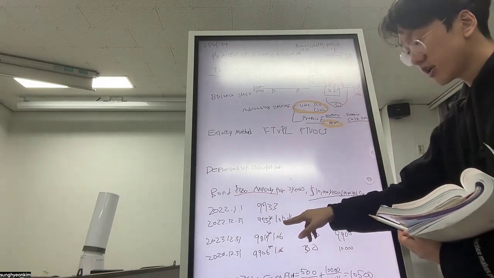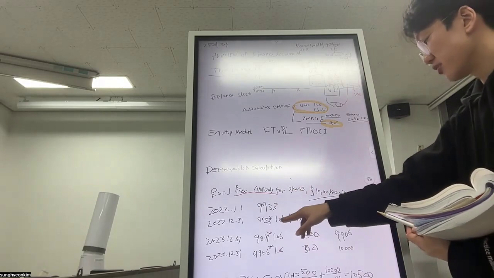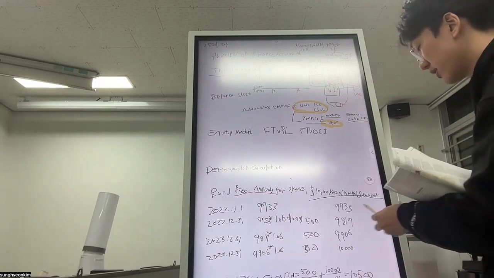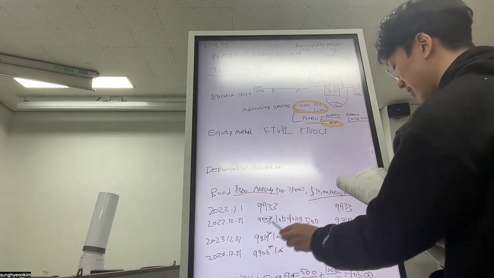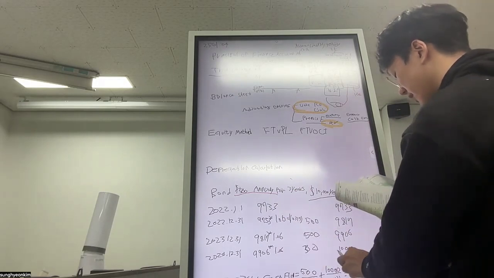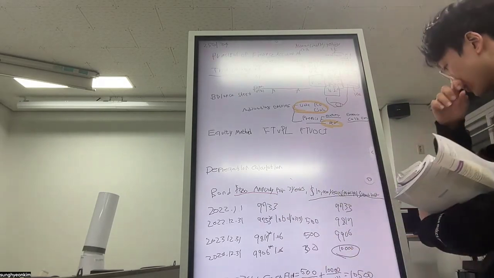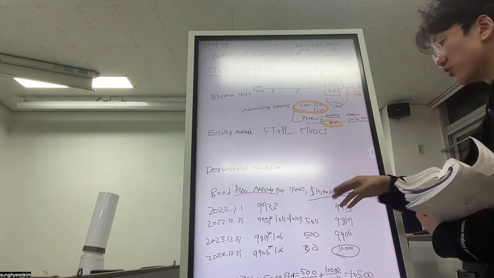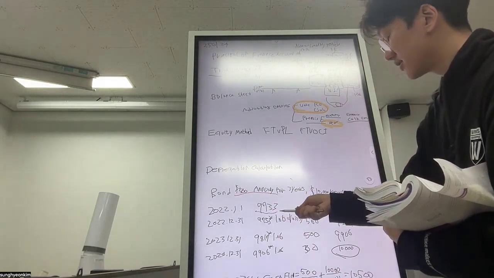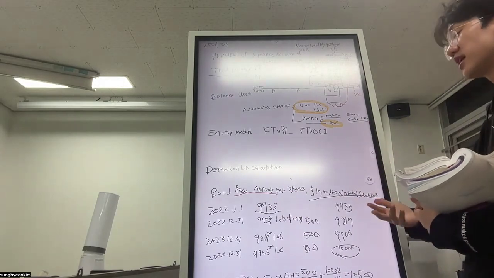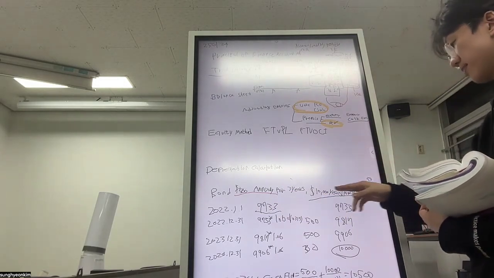If we multiply by 1.06 of the interest rate and minus 500, and do the same thing, minus 500, and do the same thing again, then it goes to 100. So in this situation, you paid 9,733.